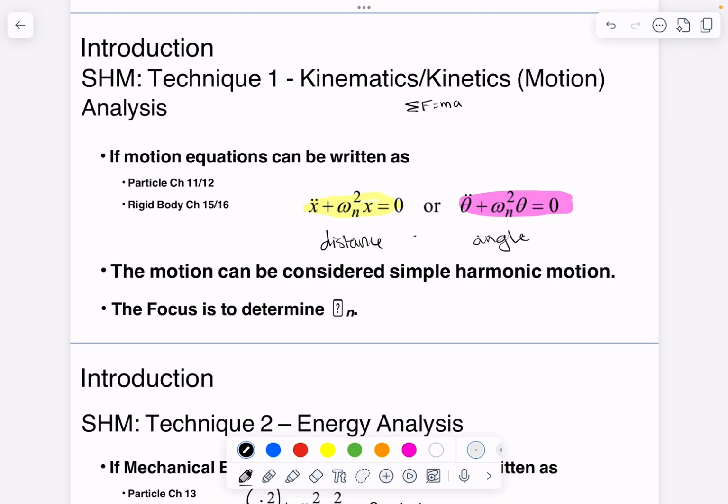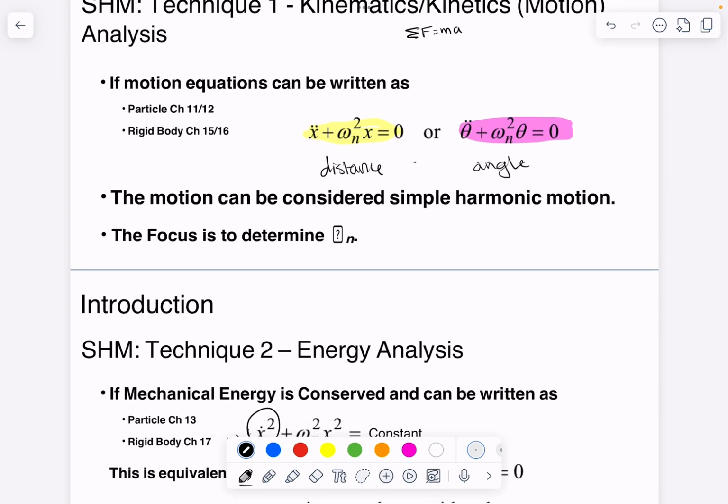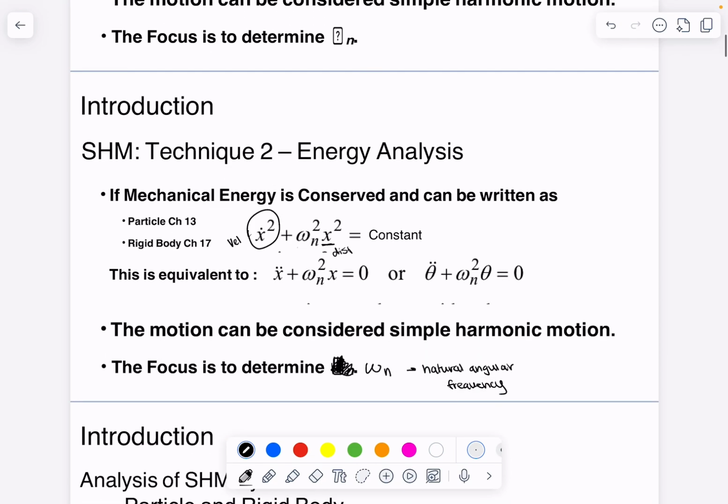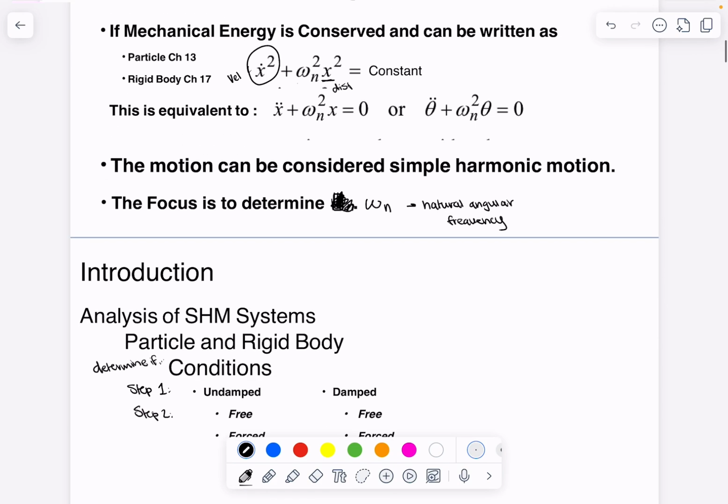That's if you're doing it in terms of a distance, or in terms of an angle, you use theta. And this whole chapter is about finding the natural angular frequency, omega n.